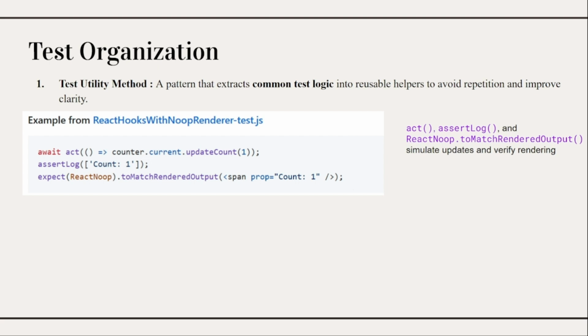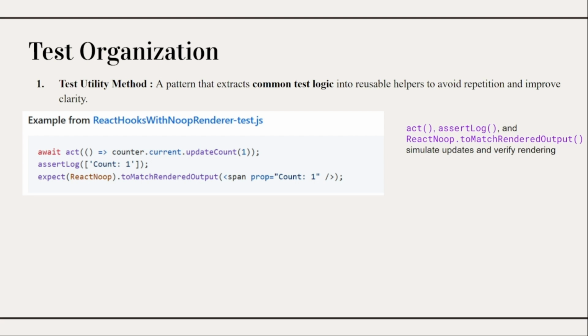In this test, act wraps the update account function. That means React will apply all the updates and finish rendering before we run the assert log function to check the output with toMatchRenderedOutput. This helps keep the test reliable and prevents issues from unhandled async updates.